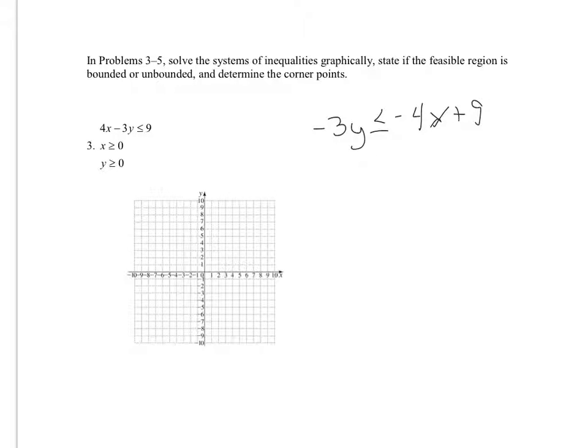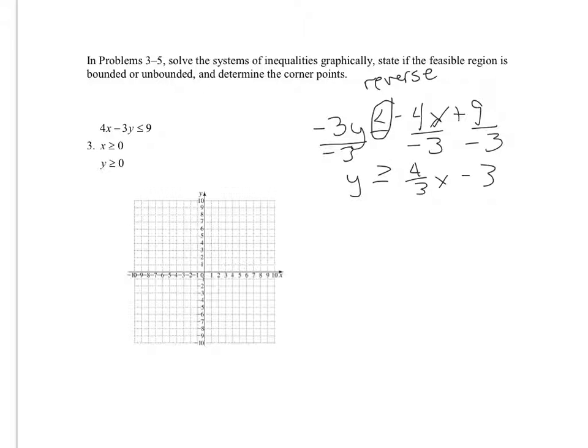In order to solve for y, I can think of this as dividing everything by a negative 3. Now if I do that, I have to be very, very careful. Because remember, anytime inequalities are involved, if I multiply or divide by a negative, it has to reverse. So that will turn this into y is greater than or equal to a positive 4/3 x minus 3.